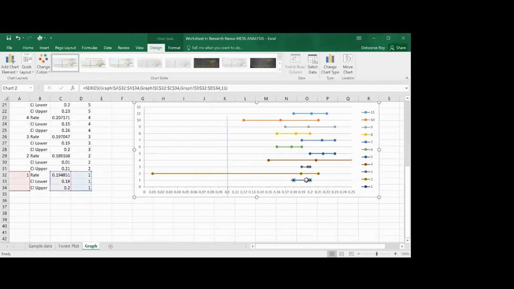Study 3 has the most compelling evidence, and as you can see, it's very close to our overall estimate. This estimate from study number 3 is probably what made the confidence interval of our overall estimate super tight, and gave us good evidence on the treatment effect.